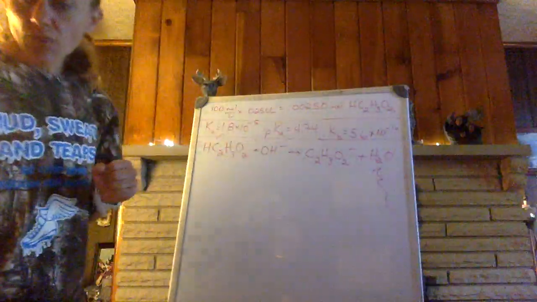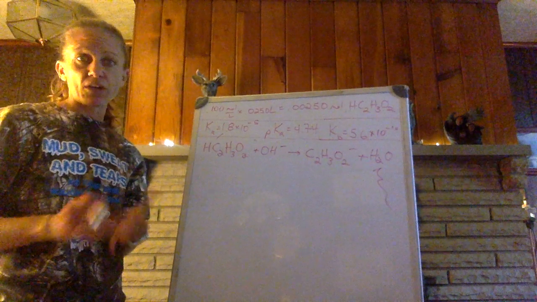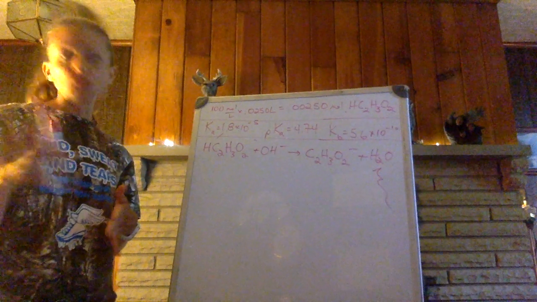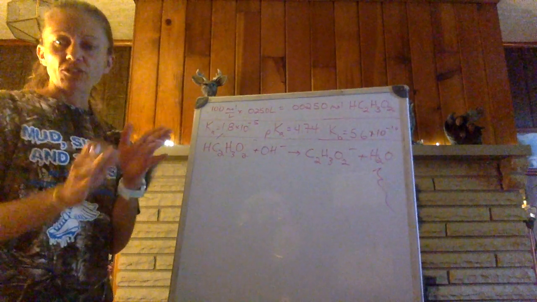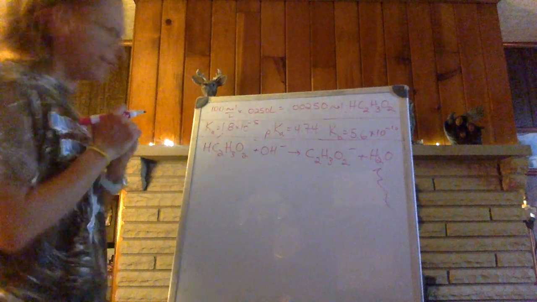So, before the equivalence point, I'm looking to use the Henderson-Hasselbalch equation since it's a buffer. Before equivalence point, buffer. Good, Henderson-Hasselbalch. But what am I doing here? So I have, let's do moles.